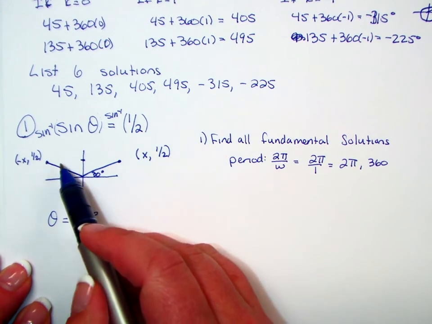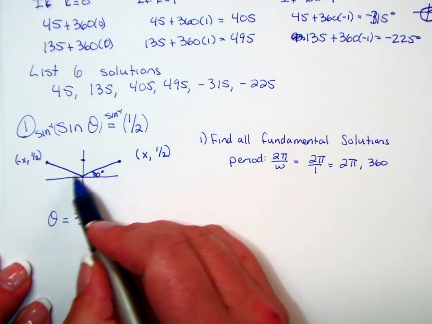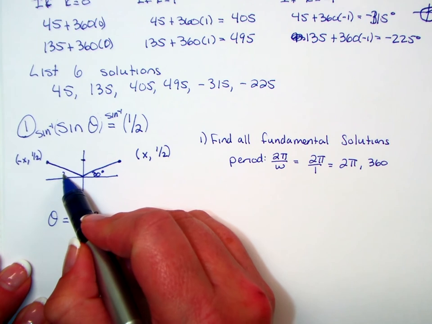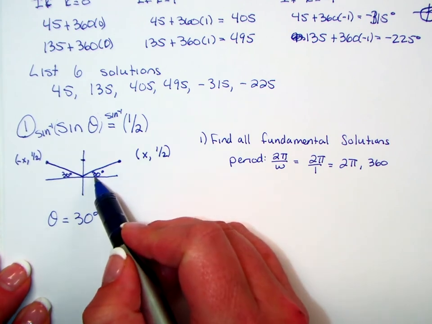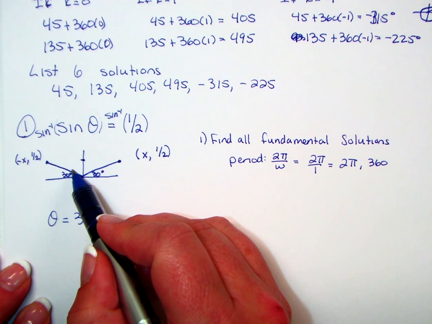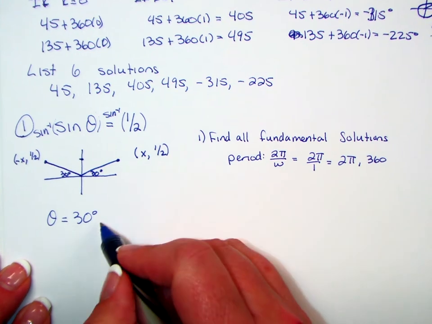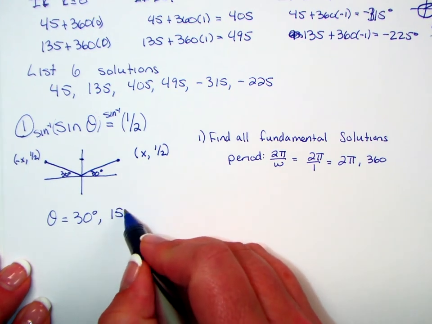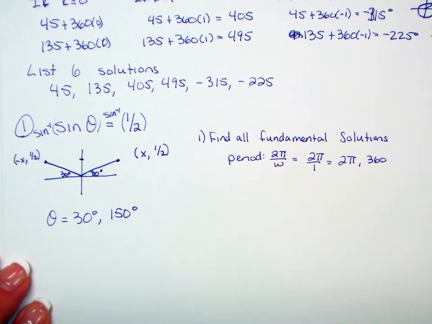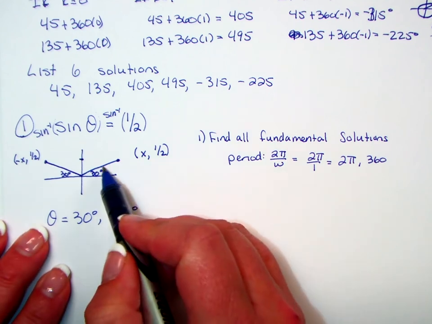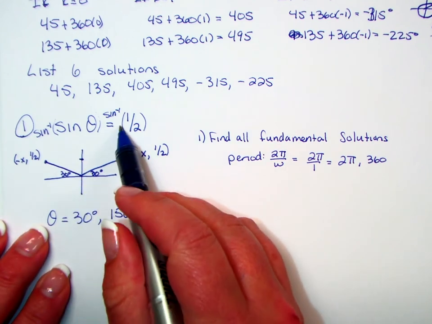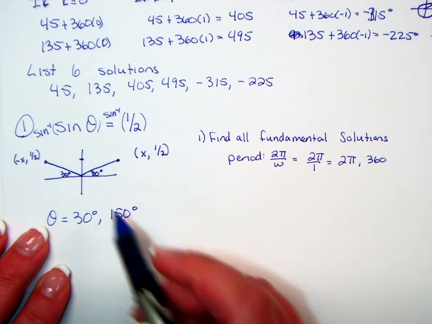And so what angle is that? Well, the reference angles are going to be equal. But when rotated from 0, we get 30 degrees and 150 degrees, basically. So our fundamental solutions are 30 degrees and 150 degrees. That's the only two angles from 0 to 360 that we're going to get a sine of positive 1/2.